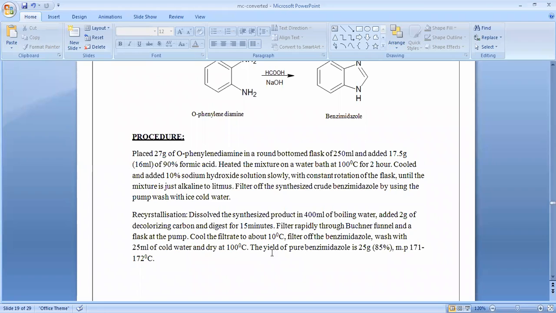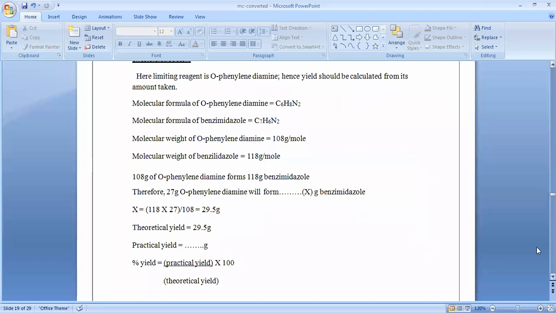The yield of recrystallized benzimidazole is 25 grams, and the melting point recorded in the official books for benzimidazole is 171 to 172 degrees centigrade. So this is the procedure for synthesis and recrystallization of benzimidazole.